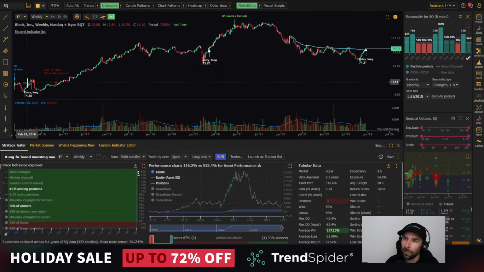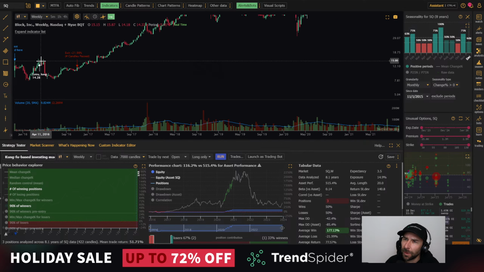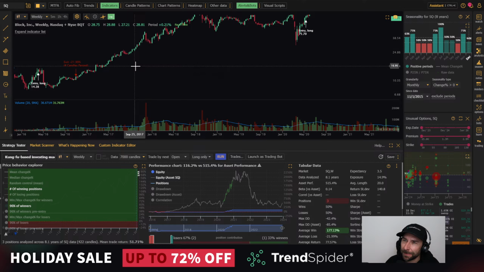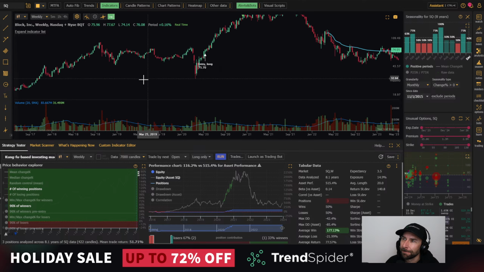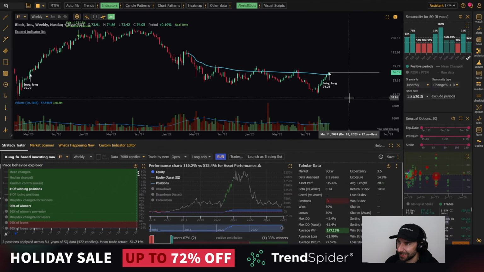It looks like that move went sideways for a few weeks. It consolidated and dumped. And they tested the low almost to the penny before ultimately reversing it.